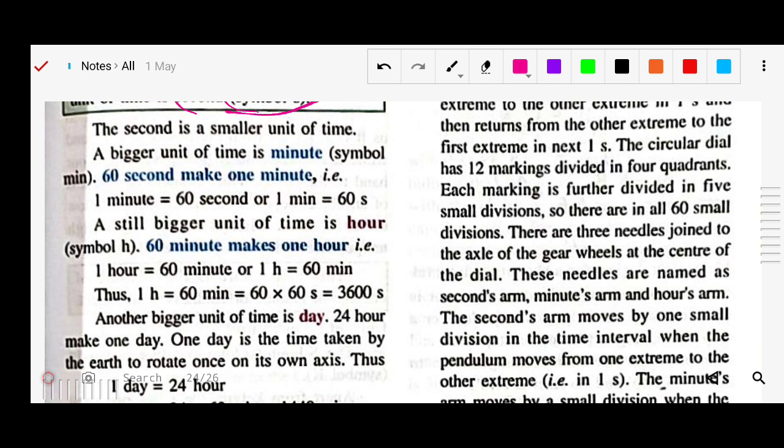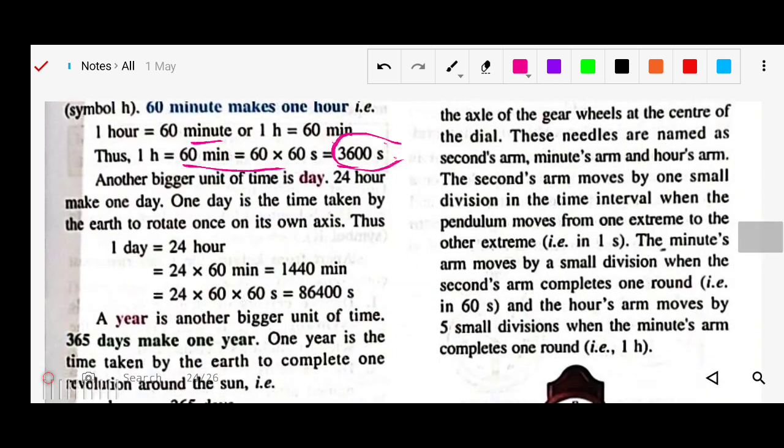A little bigger than the second we have the minute: 1 minute equals 60 seconds. Bigger than the minute we have the hour: 1 hour equals 60 minutes. So altogether 1 hour is 3600 seconds, right? These are the basic units: minute, hour and second.